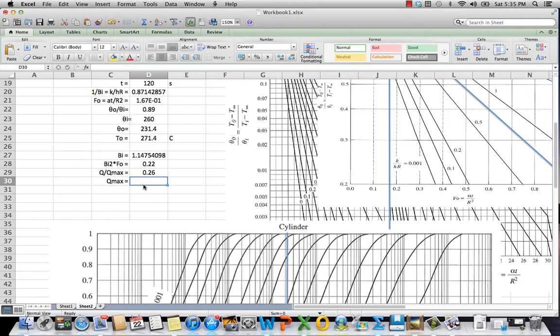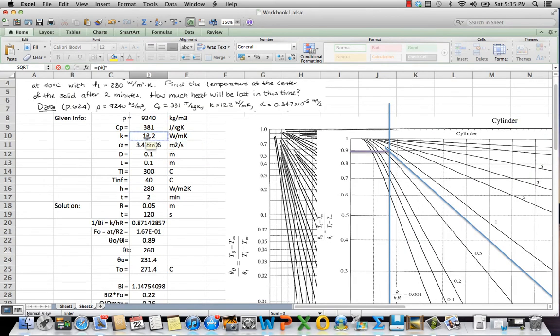But in this particular case, Q max can be calculated pi, rho, gotta slide up there to my rho, times C sub p times my radius squared times my length, and then times my delta T.